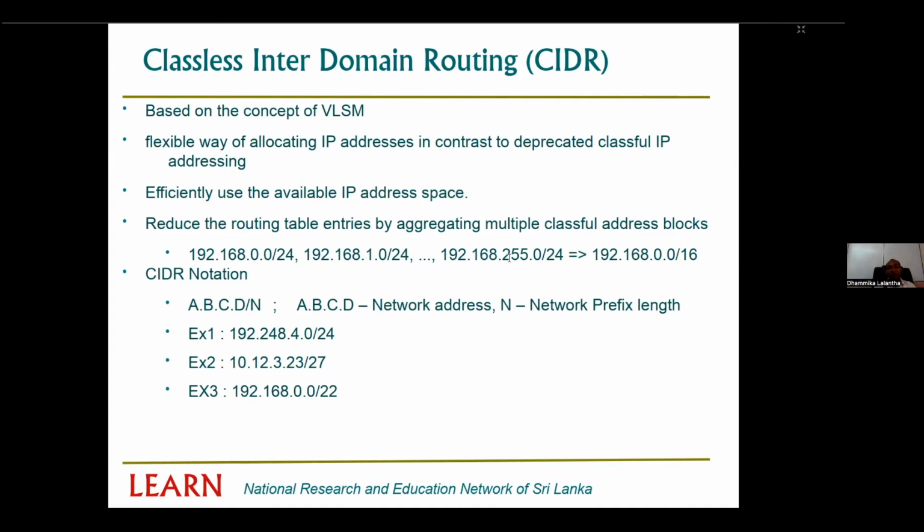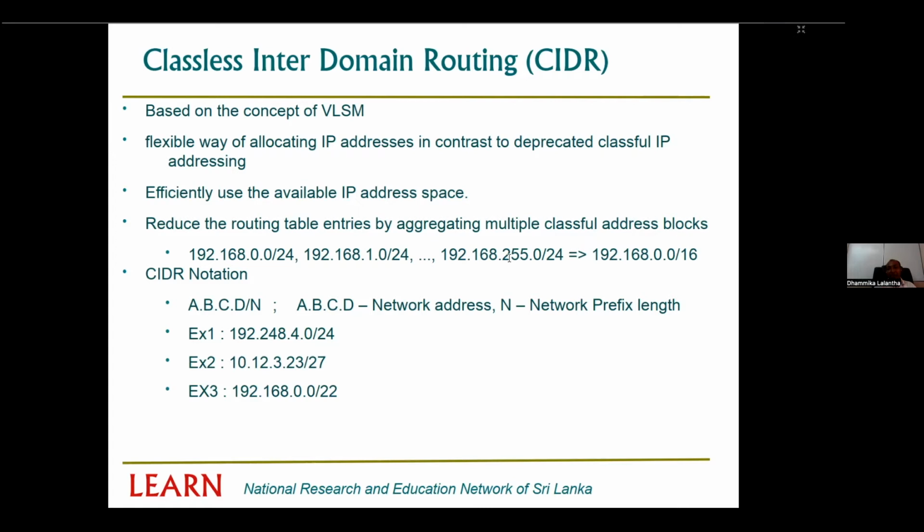Imagine we are announcing these networks through BGP to the internet. There will be 256 entries altogether. If everyone starts to announce this way, the internet routing table will be very large and can't be accommodated in the existing routing table.